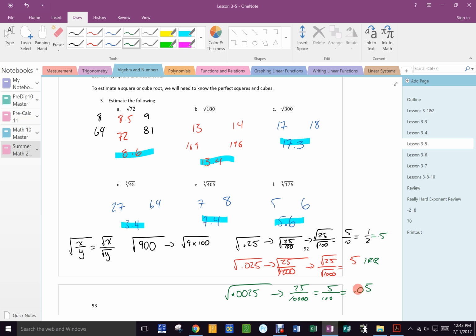Then you check the number. 25 is a perfect square, so this one works. What if I had 0.28? Even number of decimal places, maybe, but 28 is not a perfect square, so it's not going to work. With me? Okay. So that's all I would like to talk about.